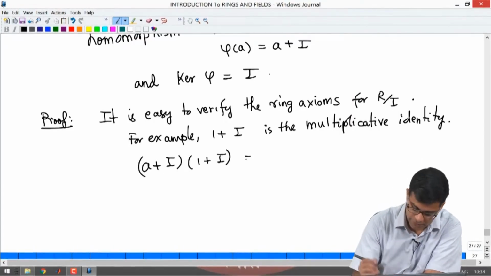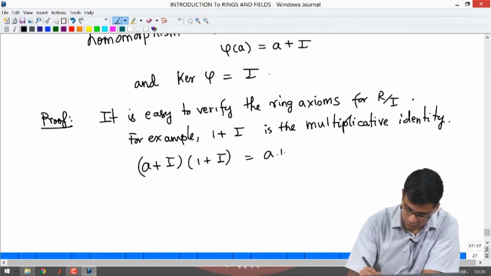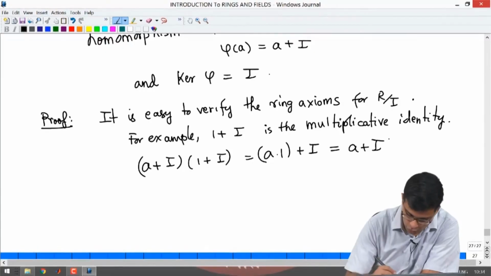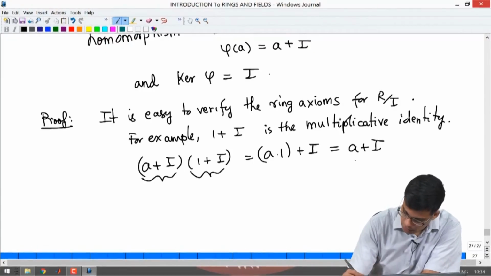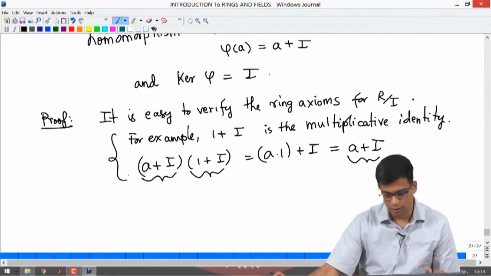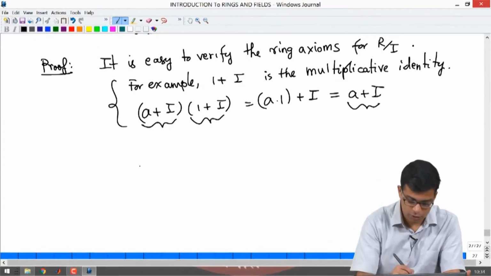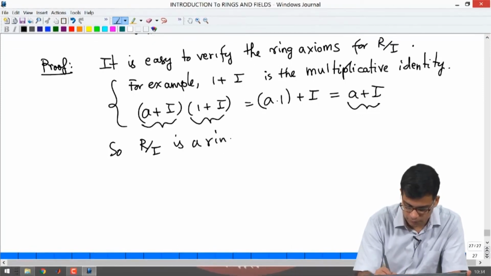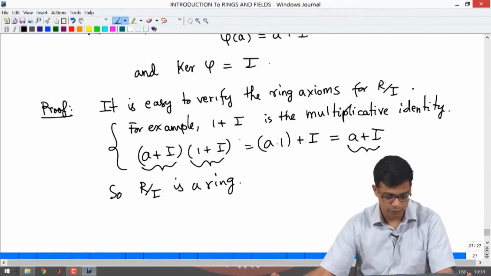If you multiply by 1 plus I, by the definition of multiplication I gave, it is a plus a times 1 plus I, which is a plus I. So, you multiply something with 1 plus I, you get that back. So, 1 plus I is the multiplicative identity. The other things are fairly easy to check. So, R mod I is a ring. I will not prove this. The first part of the theorem, I will not prove that it is a ring.